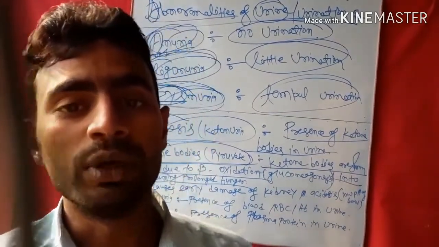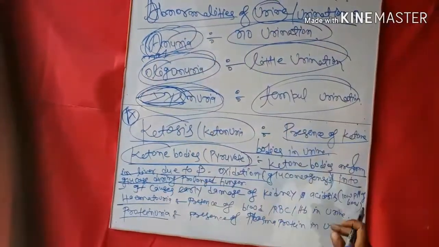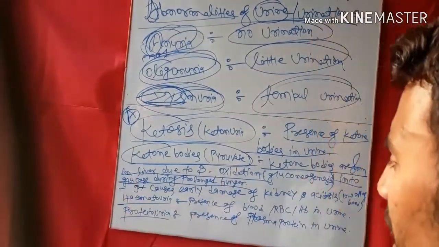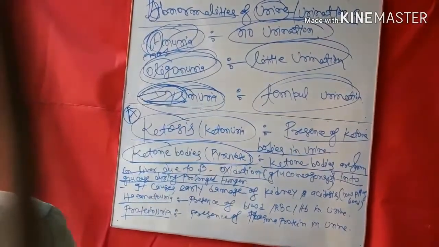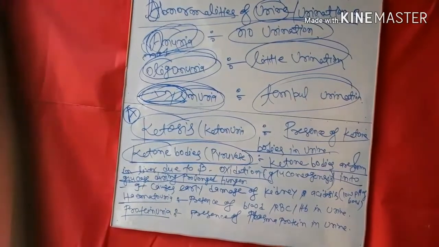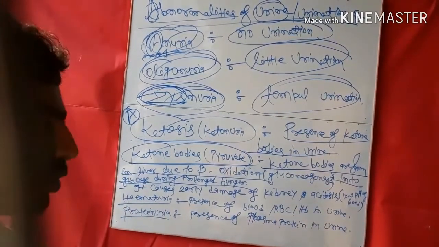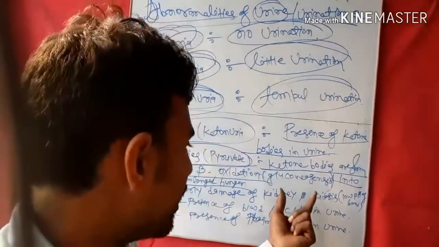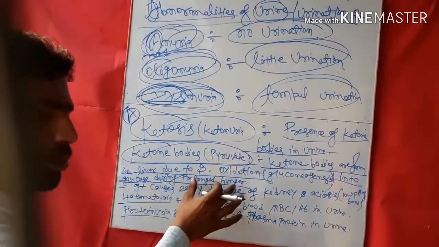At the time you go through prolonged hunger, beta oxidation is happening, and at that time ketone bodies are formed. That is also called gluconeogenesis into glucose during prolonged hunger.